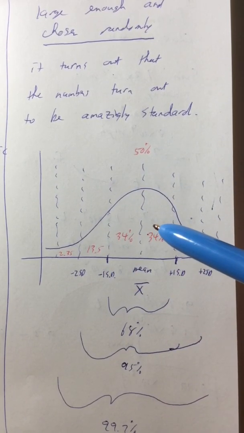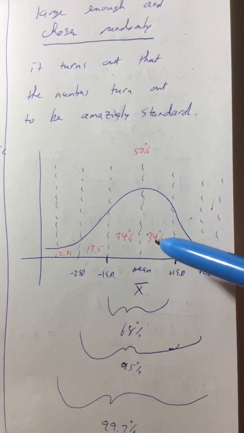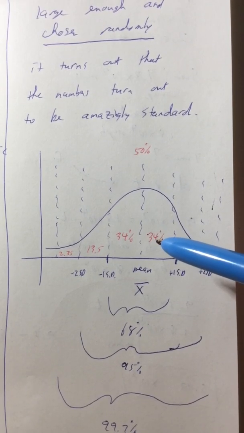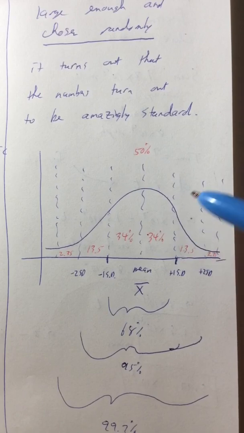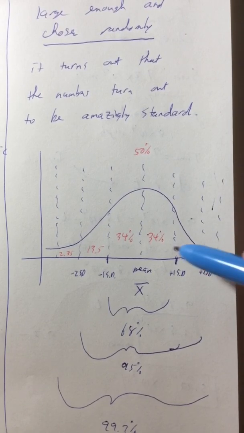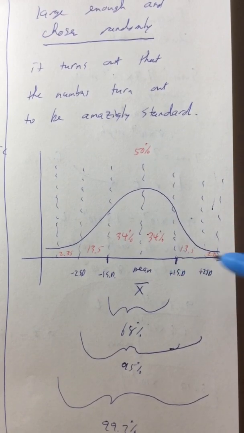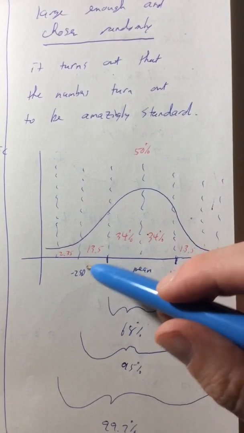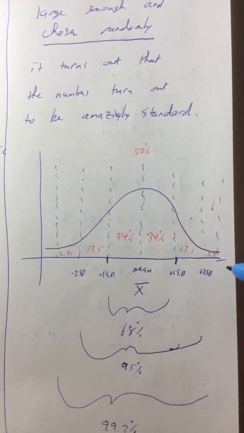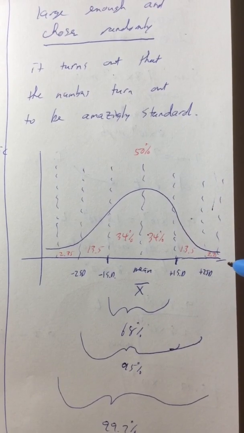But one Friday night, a couple of very large parties come in, and they spend a lot of money on food and drinks, and they give you a monster tip, so you get a tip that's way out here. Maybe it's $120, which is $70 more than your typical tip. So 95% of the time you're going to be between here and here, but every once in a while, you're going to get that monster tip that's way out here.